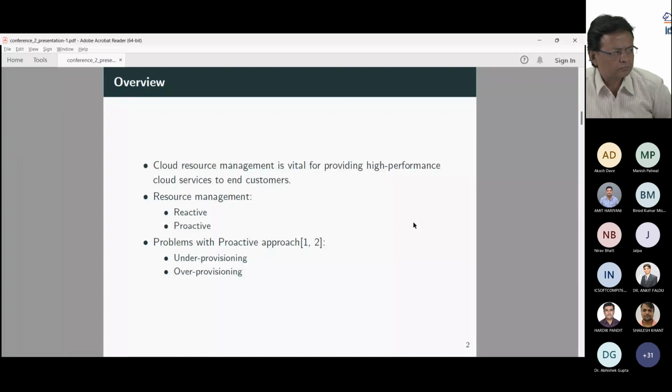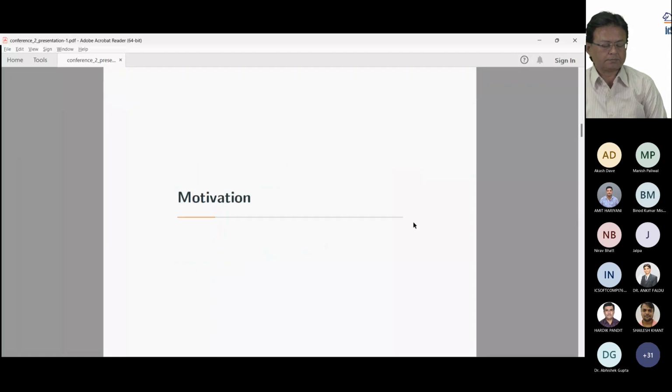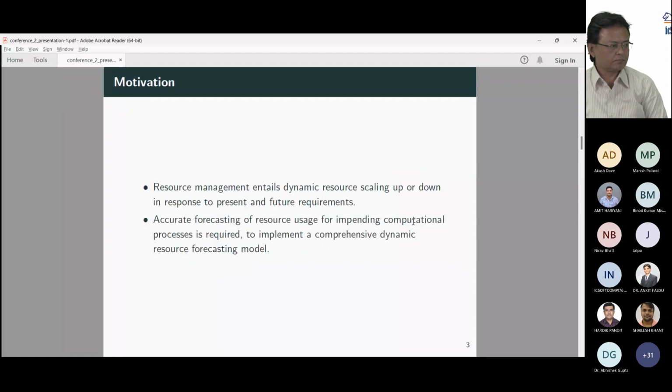So in order to avoid this situation, the cloud service provider should accurately predict resources. That is the main motivation behind this paper: to accurately predict the resources and scale them based on the cloud service users' demand.